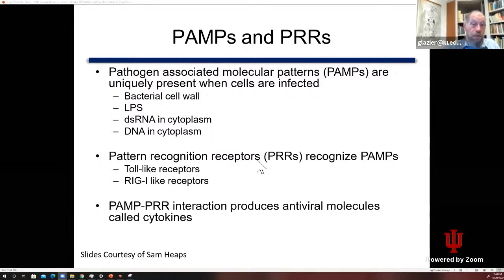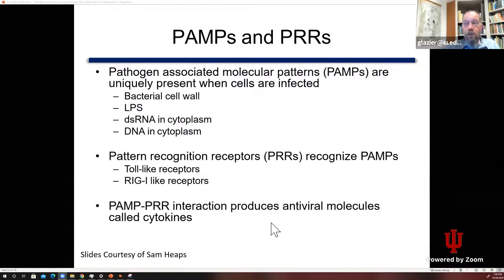However, there are some other things that it does trigger. These pattern recognition receptors, there are two particular families of those, the toll-like receptors and RIG-I receptors. Josh is working on those.